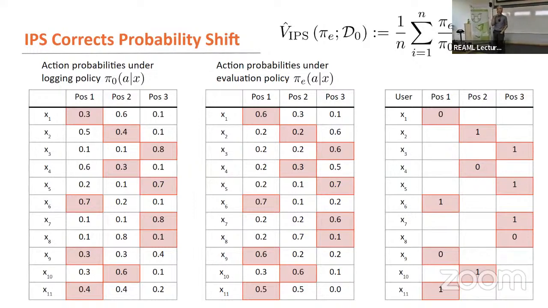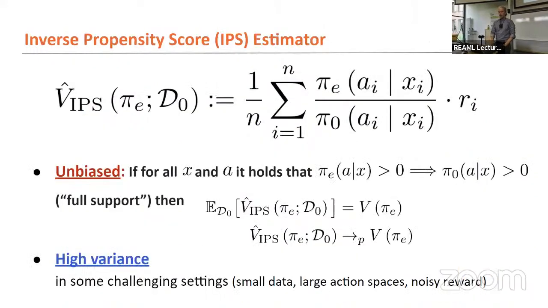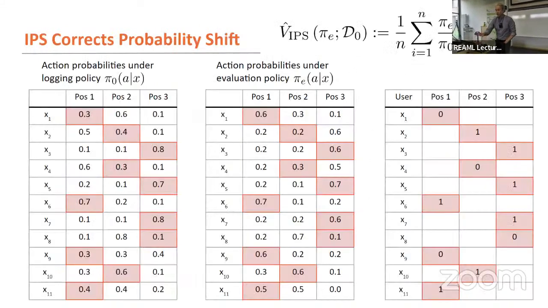It's like a really old trick. It comes up in causal inference, comes up in survey design, in many different places. So the important thing, that's what I said, the full support assumption, is that this only works if the logging policy had non-zero probability of picking any of the actions.